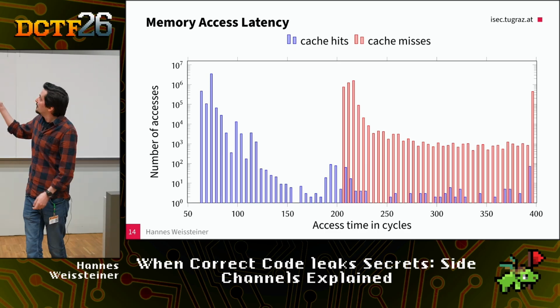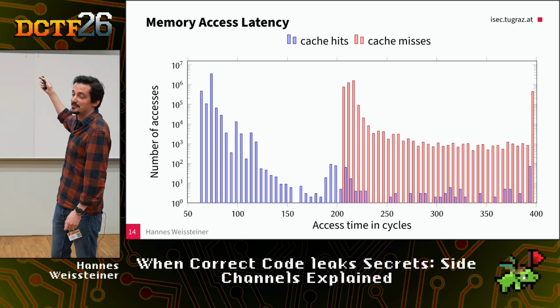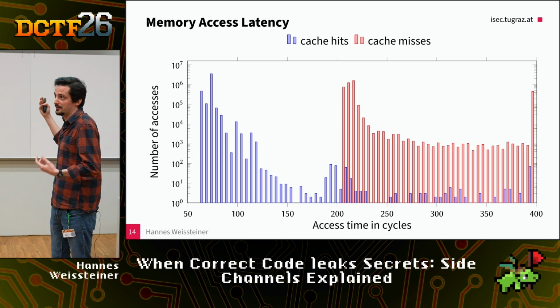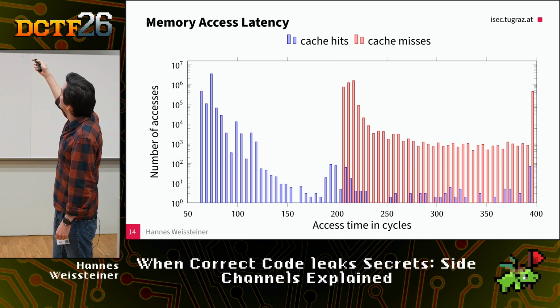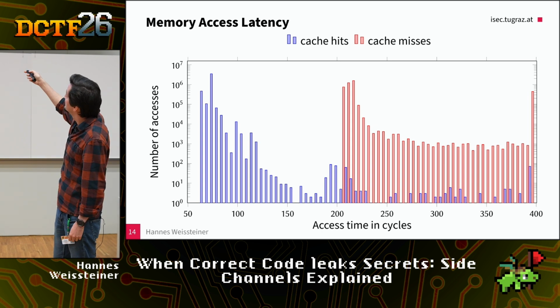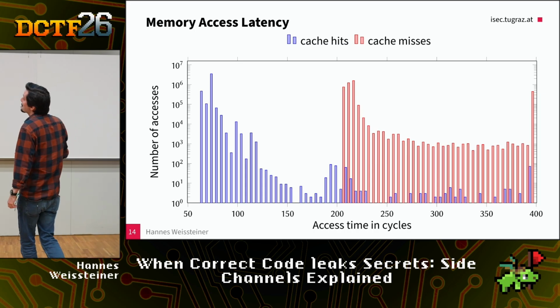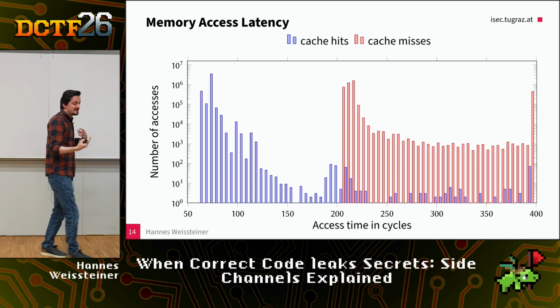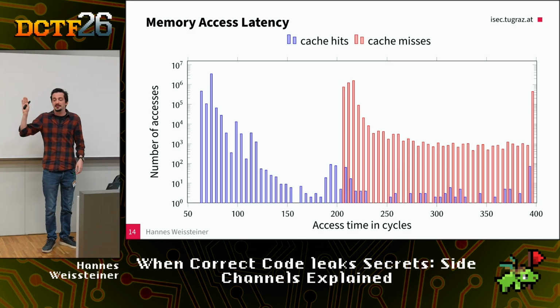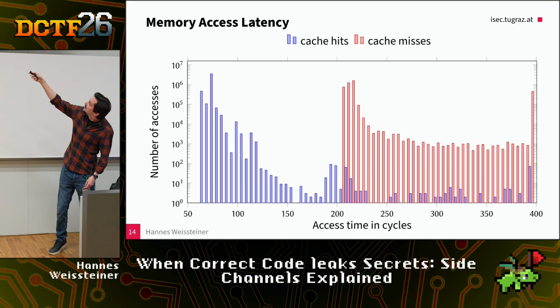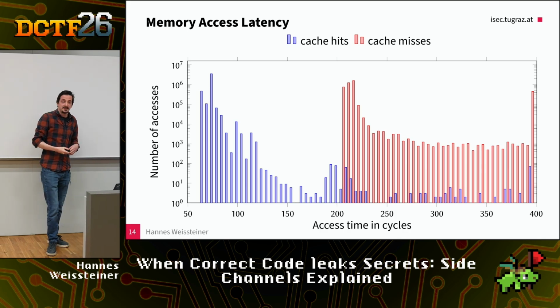We can see, although cache hits can sometimes be slower, maybe due to scheduling or any other interference, no cache miss can ever be faster than this barrier here on this machine. So we can classify cache hits and cache misses very efficiently by just saying, okay, everything smaller than this, like 200, let's say, is a hit.